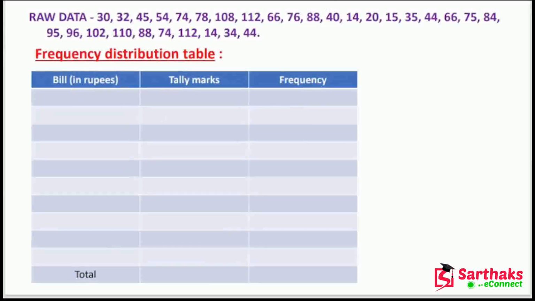So this was our raw data. Let us form the distribution table. We already know that our table should start from 14 to 24.